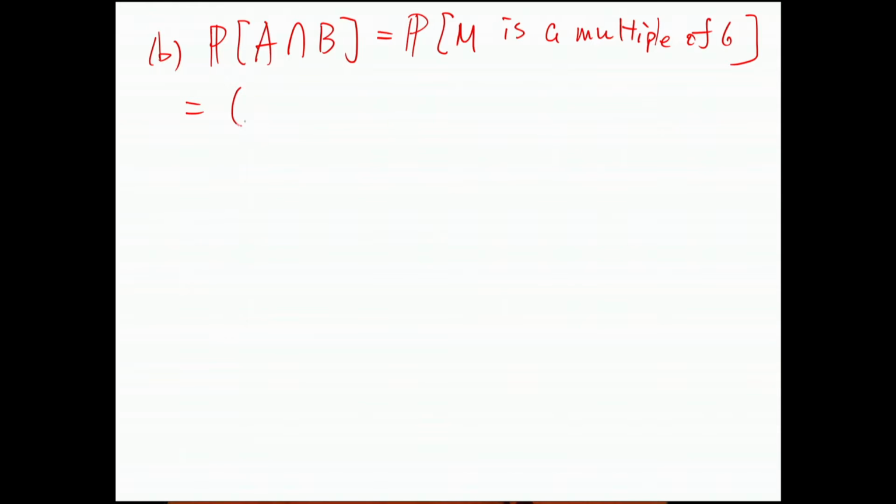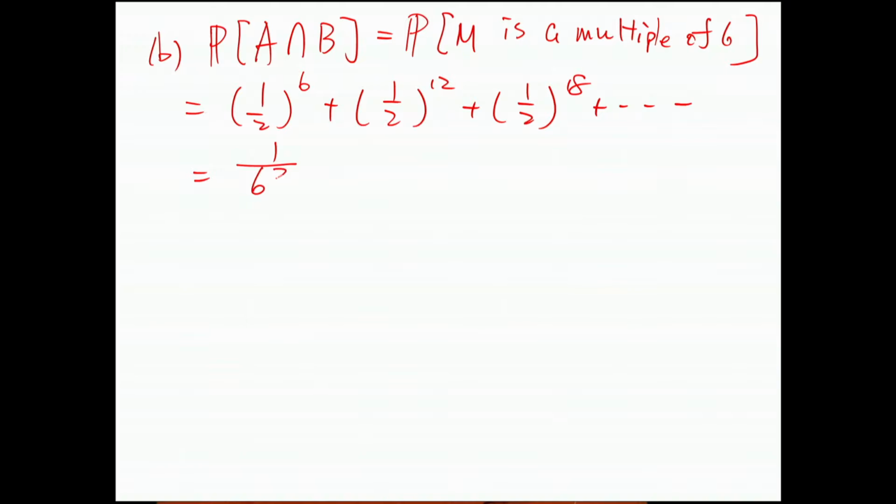So K is 6, K is 12, K is 18, to infinity. And this answer is 1 over 63.